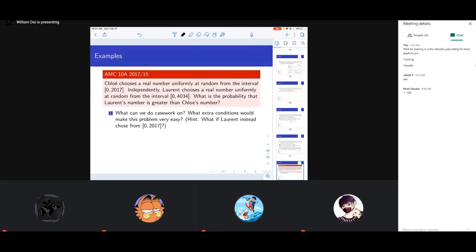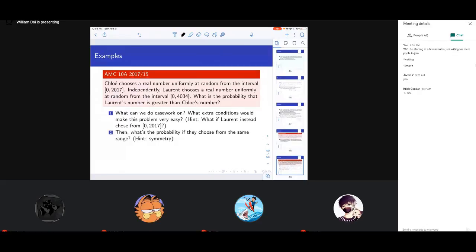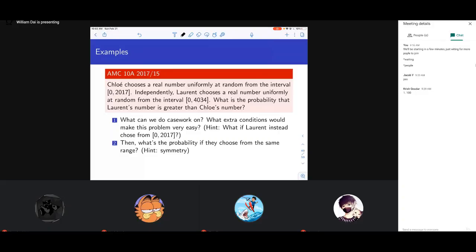If Laurent instead chose from 0 to 2017, then Laurent is doing the same thing as Chloe, and because they're doing the same thing, the probability that Laurent gets a higher number is 1/2, right?